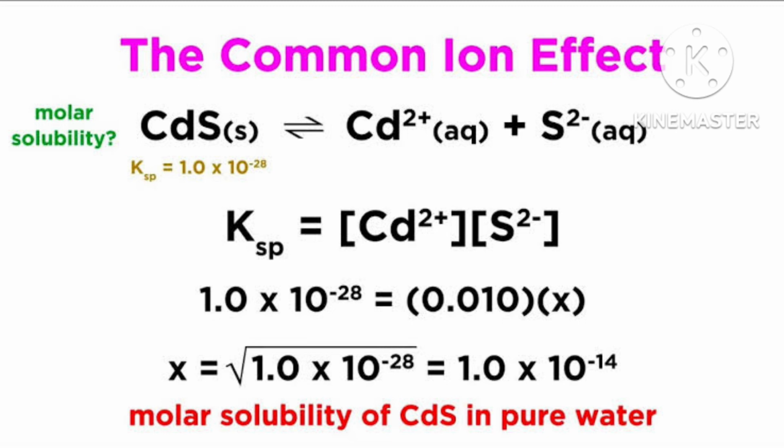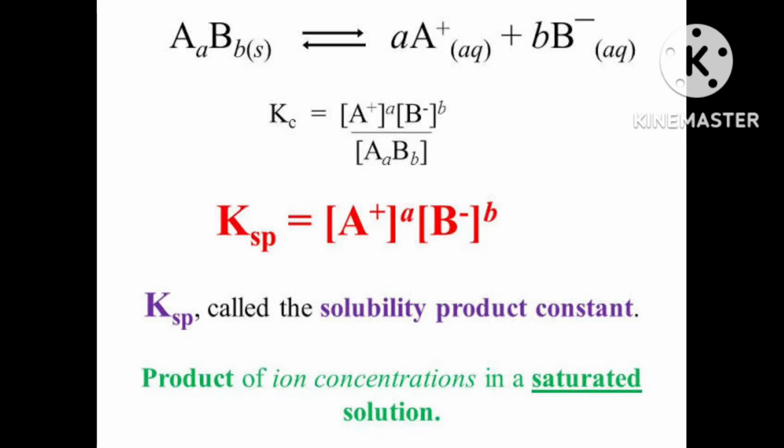Then S into 0.1 square is equal to the Ksp value. Then S is equal to Ksp divided by 0.1 square. Ksp value is given, you put the value and get the result.